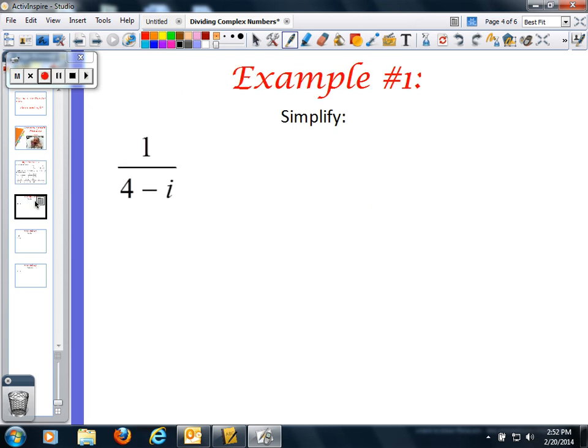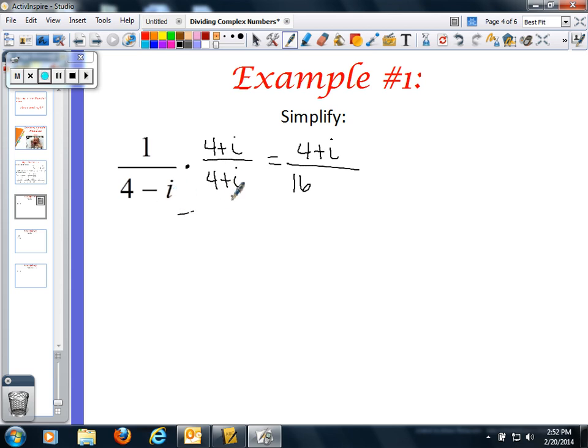Okay? So the first one, let's just start by simplifying this. I have to simplify it because right now I have a radical in the denominator. So I'm going to multiply by the conjugate, which is 4 plus i. This is 1 times 4 plus i, which is just going to be 4 plus i over, this is 4 times 4 is 16. 4 times negative i is negative 4i, and this would be positive 4i.